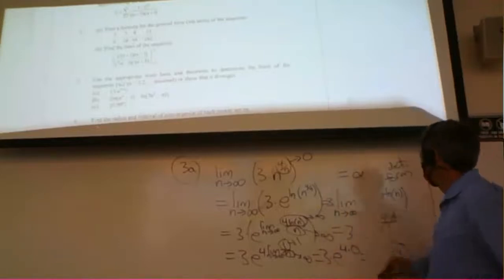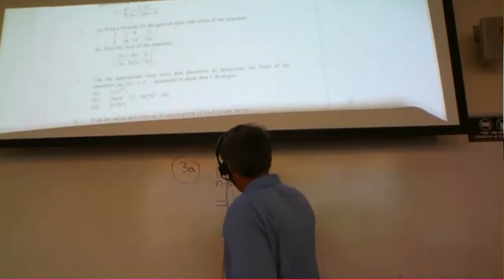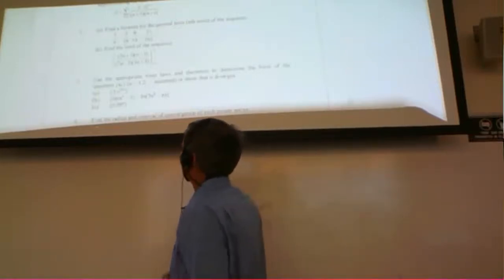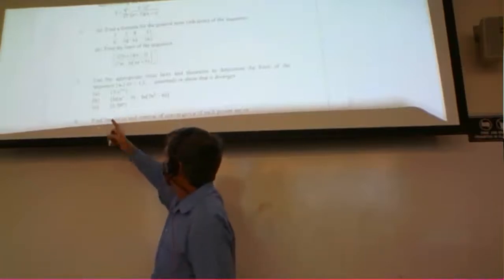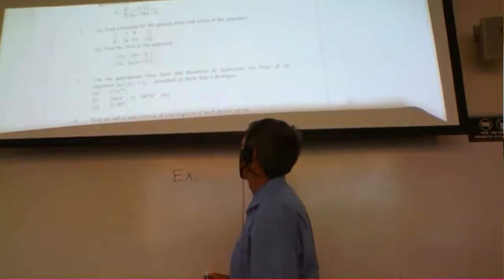How about the next one? I don't want to spend too much time on sequences, but the idea on sequences is mostly you appeal to some of your limit laws from Calculus 1. Some of them are obvious. Like, how about 3c? What's the limit of 0.99 to the n?